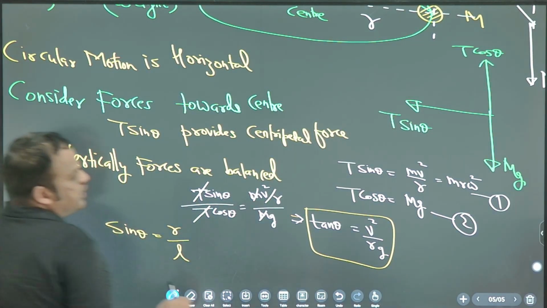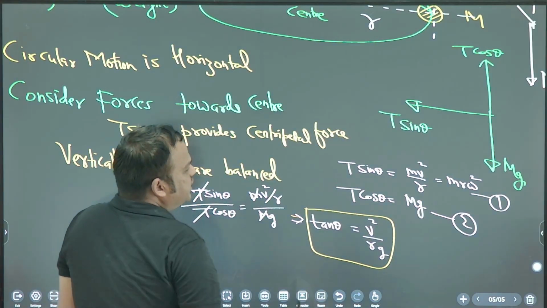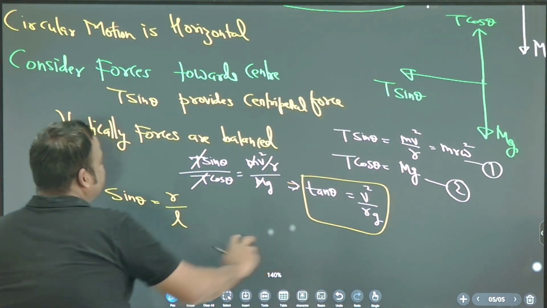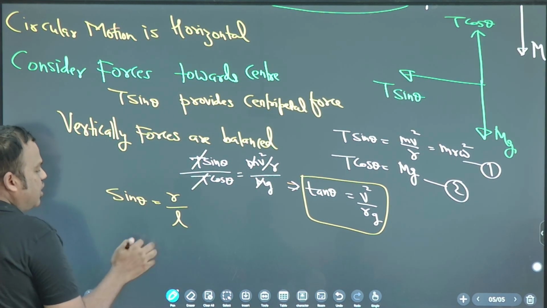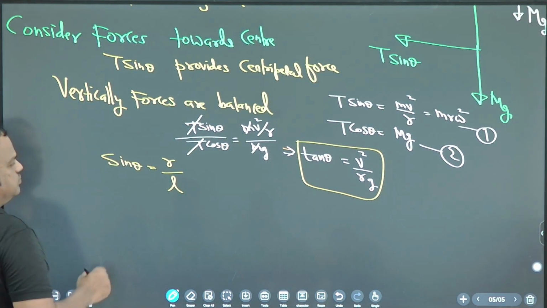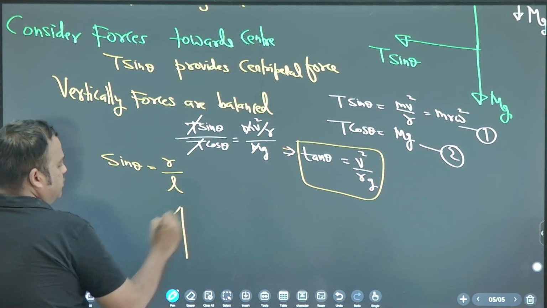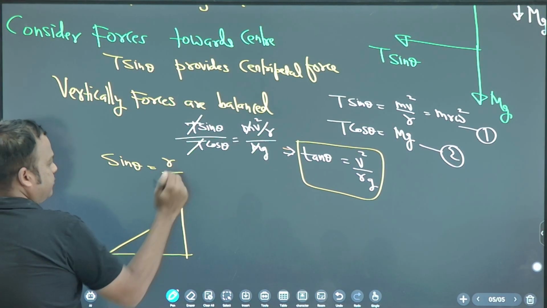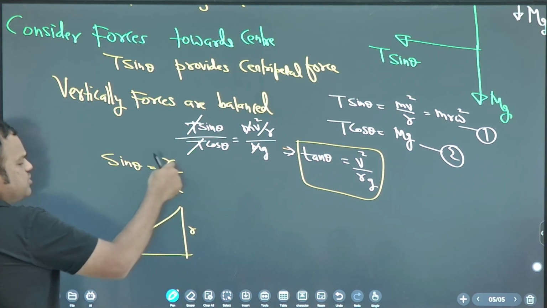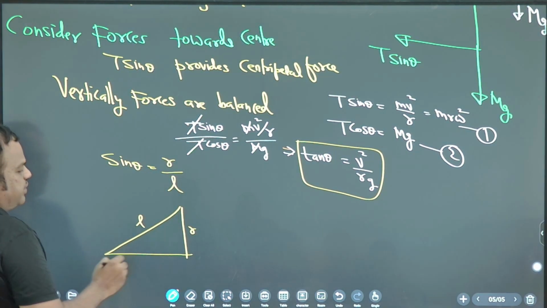Sin theta is r by l, tan theta is v square by rg. Suppose sin theta you can find, so how to find tan theta? You can solve like this. Sin theta means opposite by hypotenuse.